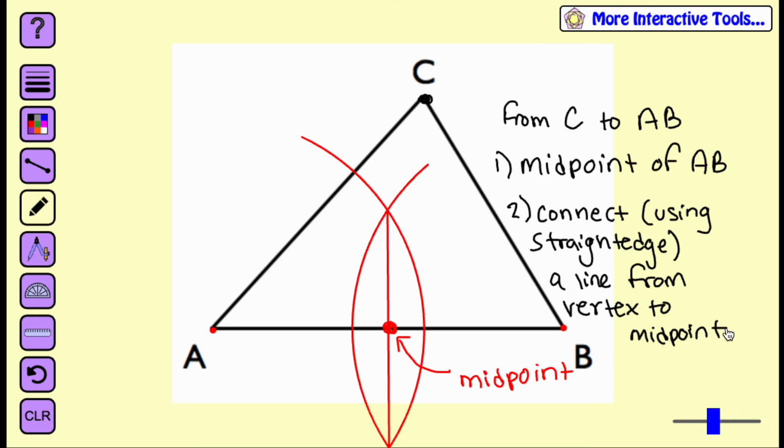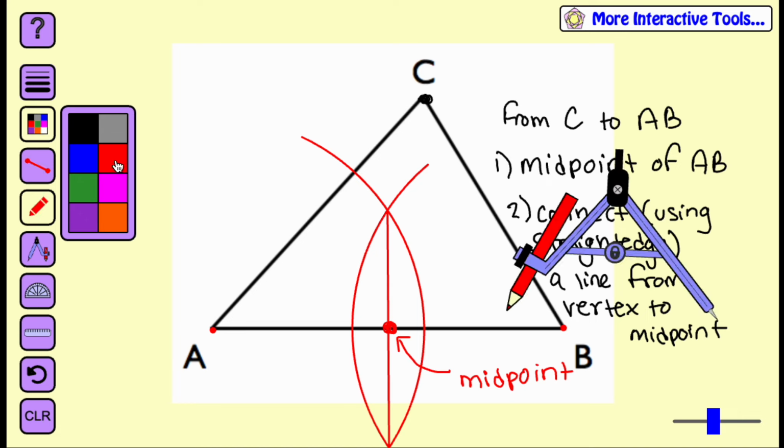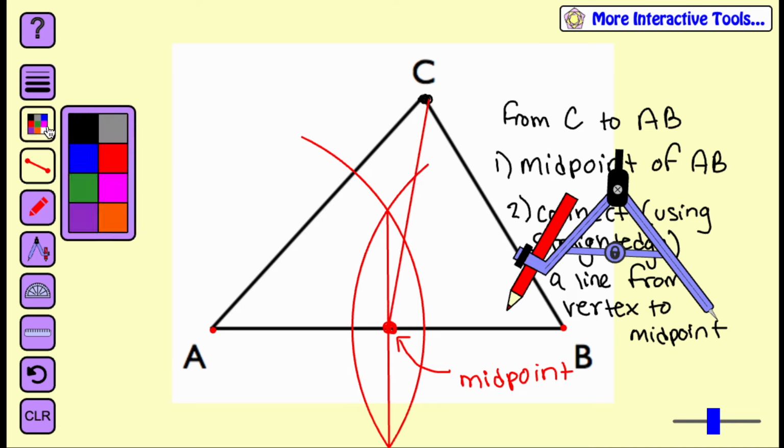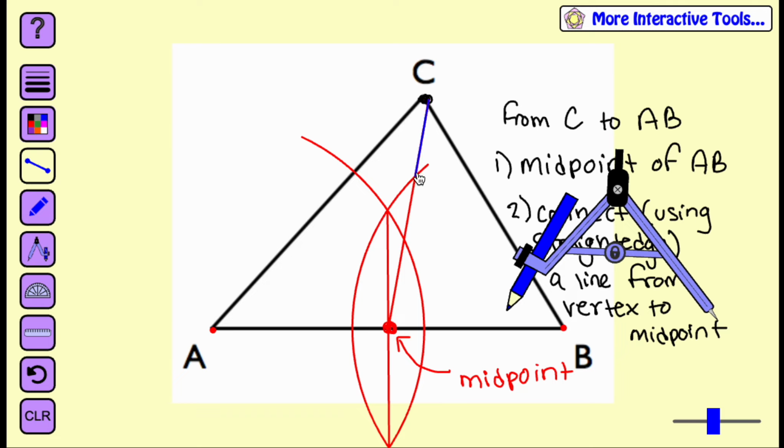This isn't anything fancy. You literally just take your straight edge, and again, we'll do this in red. Maybe we should do this in blue. Since we want to go from vertex C, you put your straight edge there and connect all the way down to that midpoint. And this in blue, that is our median.